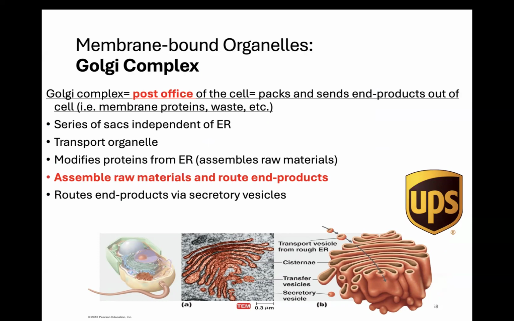So proteins are modified in the Golgi complex where they're folded, tagged, and packaged into these things called vesicles so that they can be transported to their proper destination. Either that's inside the cell, on the cell membrane, or outside the cell. So this organelle is very important for maintaining cell structure by telling things where to go. That's the Golgi apparatus. It assembles raw materials and routes them.